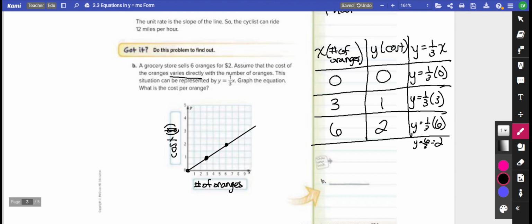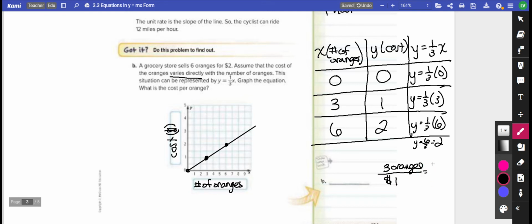What this is telling me is that three oranges cost $1.